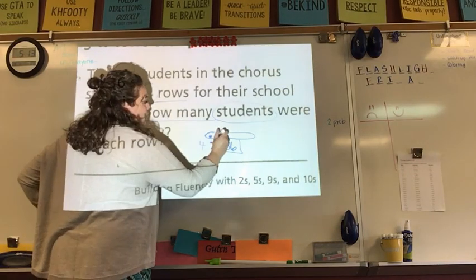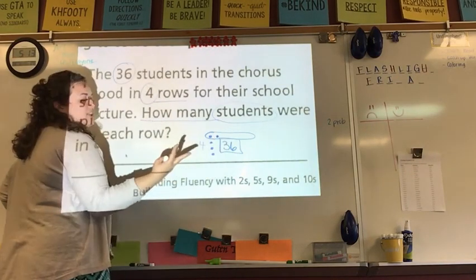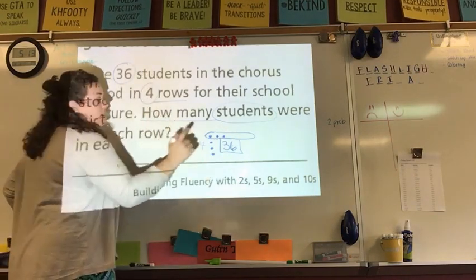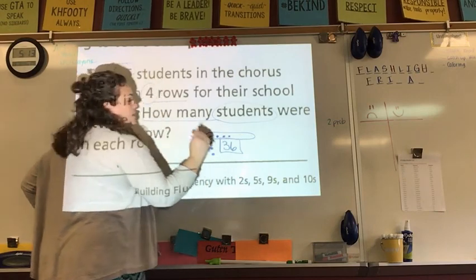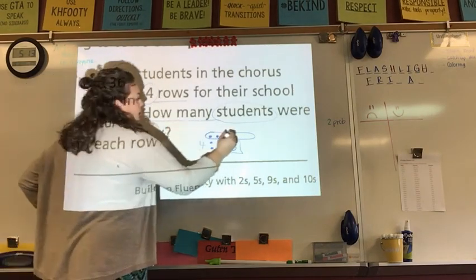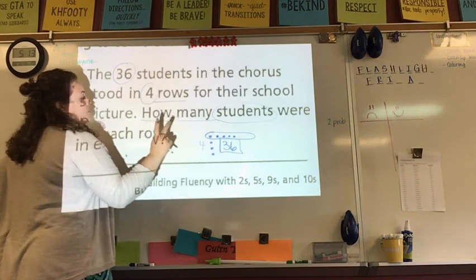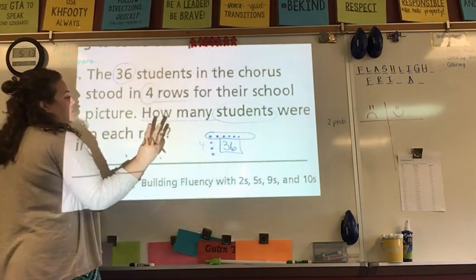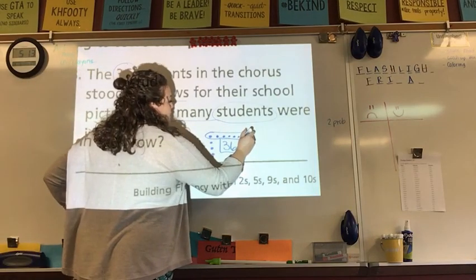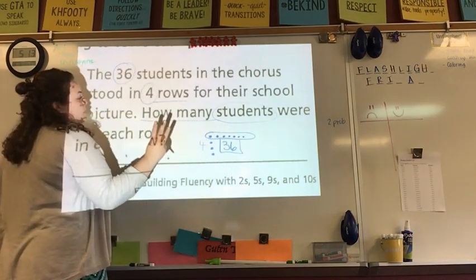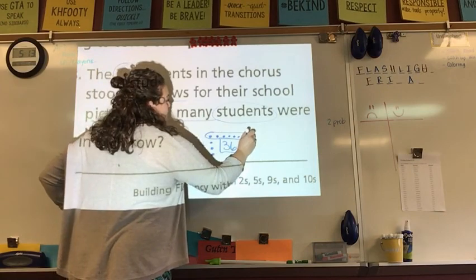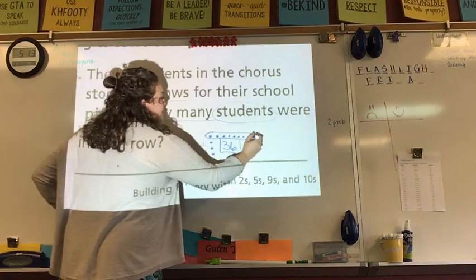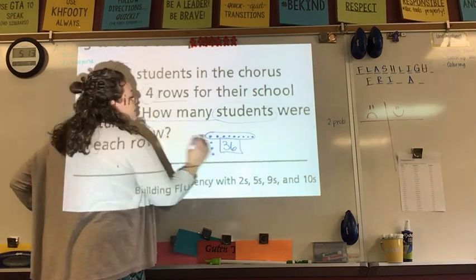And you might go ahead and keep doing that. 9, 10, 11, 12. 13, 14, 15, 16. 17, 18, 19, 20. 21, 22, 23, 24. 25, 26, 27, 28. 29, 30, 31, 32. 33, 34, 35, 36. And I get to stop because I got to my total.